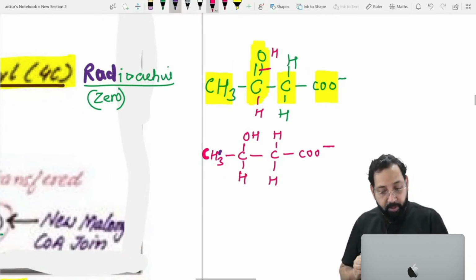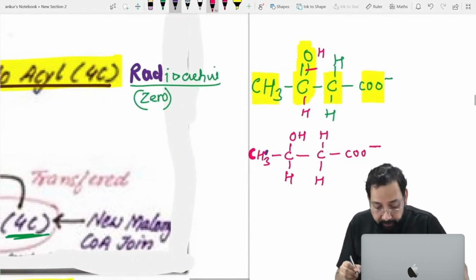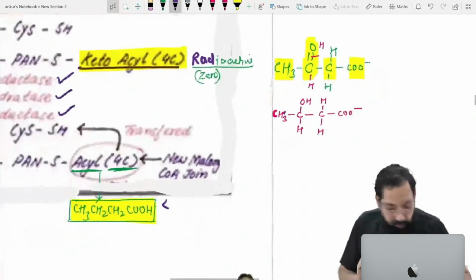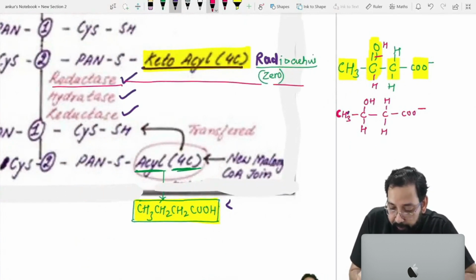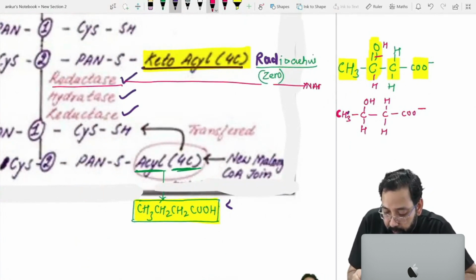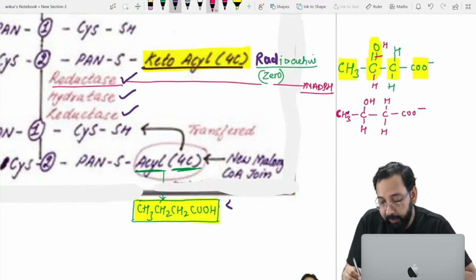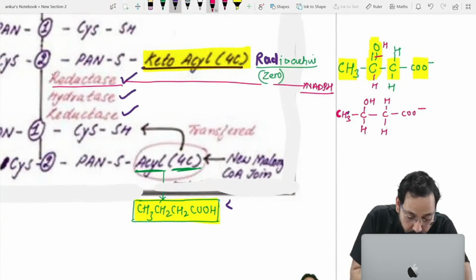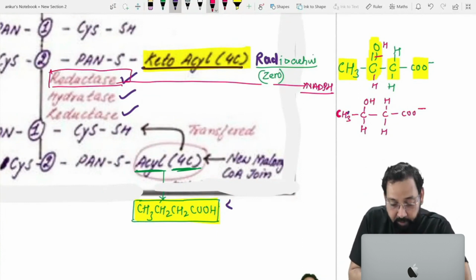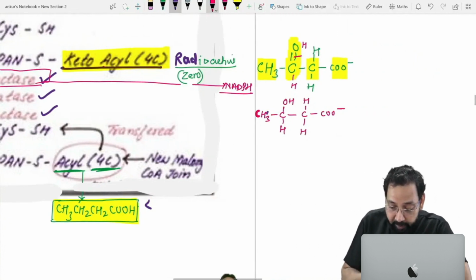Clear? That is reductase, and NADPH is used. I am again saying that if you don't remember these steps, it's okay, but you must know that the first step after ketoacyl is reductase. Then hydratase.